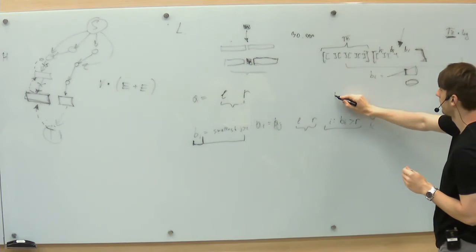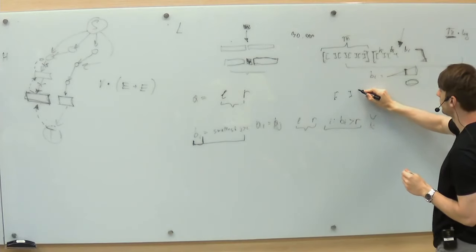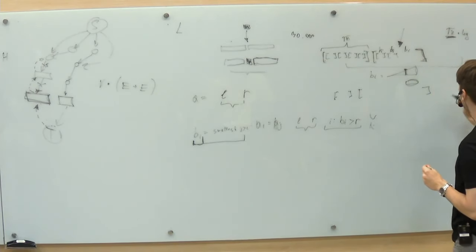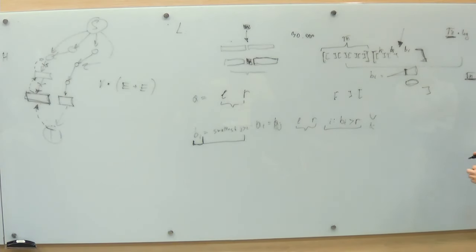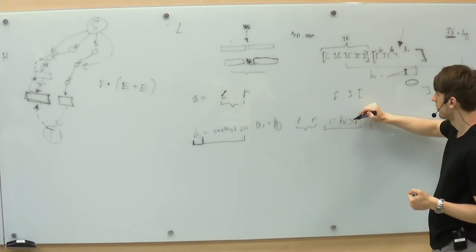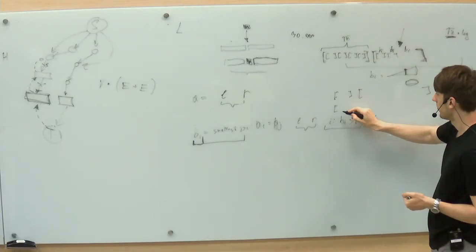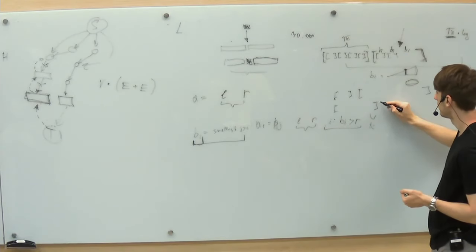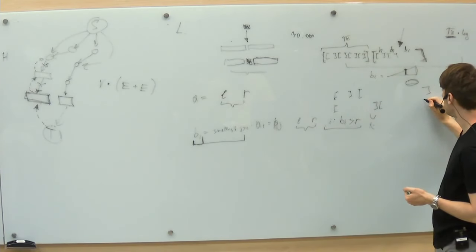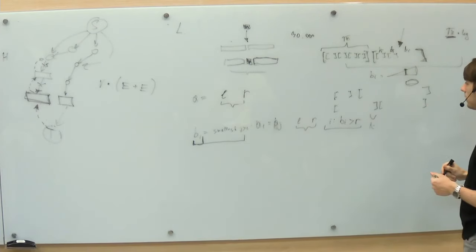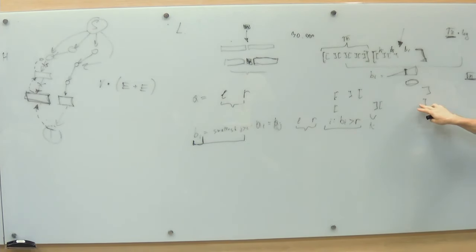If this block is smaller, this one is larger, so every square root of n operations, you will do reconstruction, and just make them equal. Which will ensure that their sizes are always not larger than square root n.